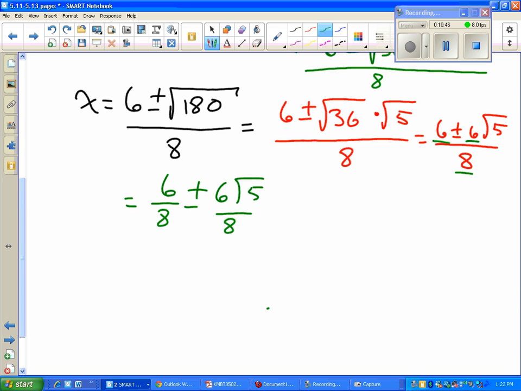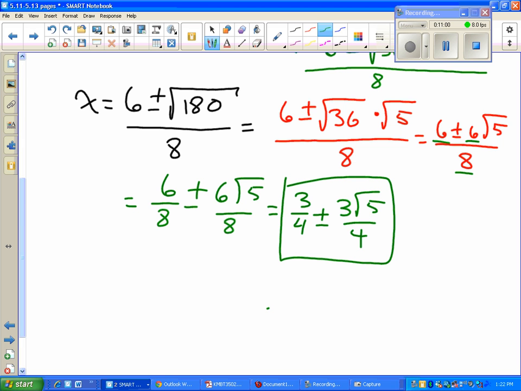You can do that. 6 over 8 is 3 over 4 plus or minus 3 square root 5 over 4. I just reduced that. And that would be my exact answer.